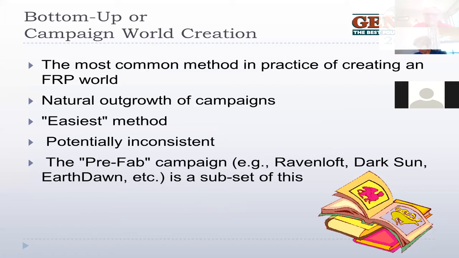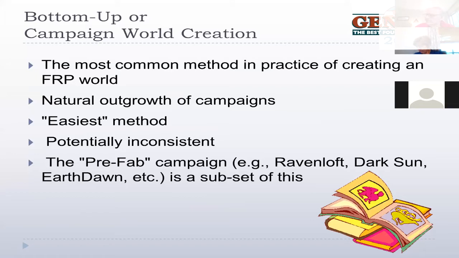So one example of a bottom-up campaign is if you do a prefab campaign. If you take anything off the shelf from a manufacturer, or if you go to RPG Now, Drive By RPG, or any of those sites, and you download something and you use a module, that's an example of a bottom-up.